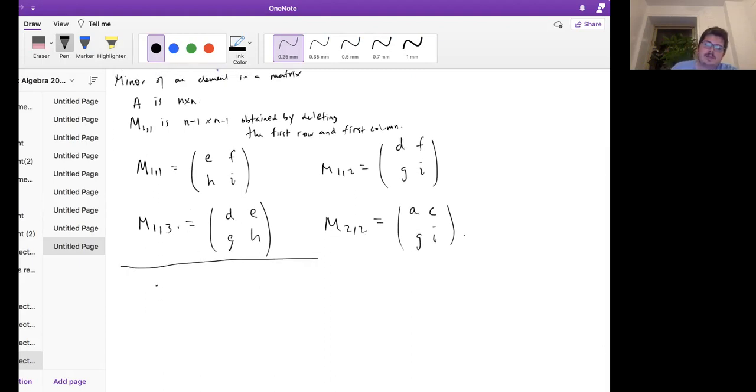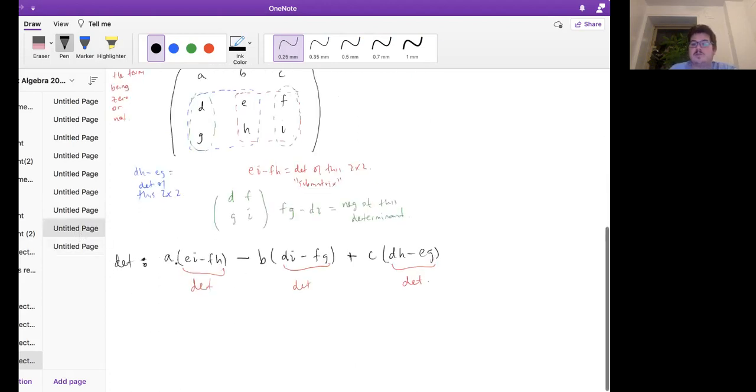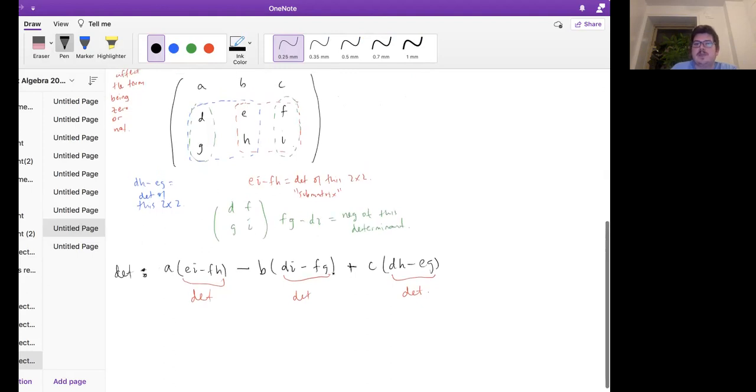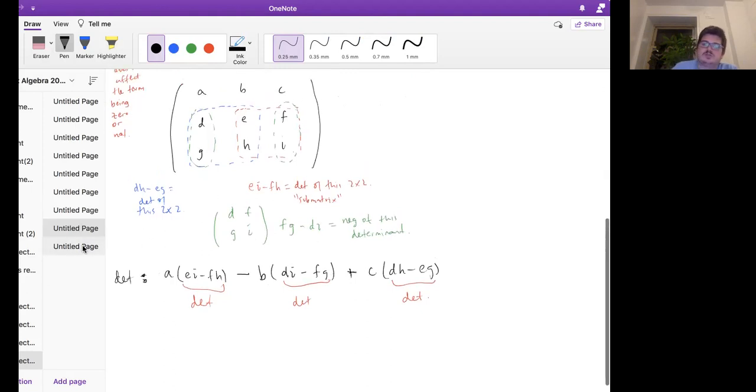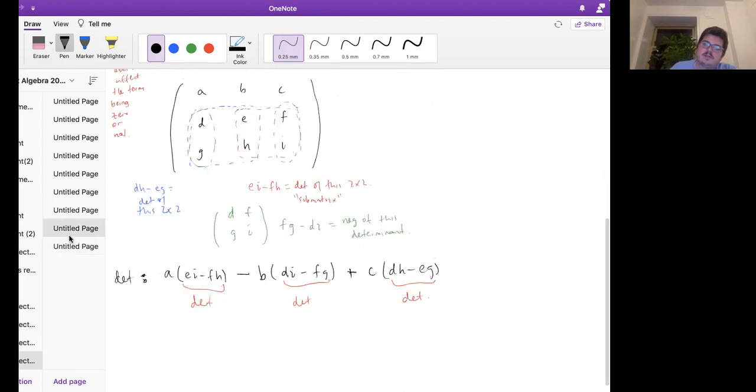So if A is 3 by 3, then the determinant of A is going to be, let's just read out the formula using the one that we found here. A, B, and C are the elements in the first row. So it's going to be A11 times the determinant of EI minus FH. What minor is that?